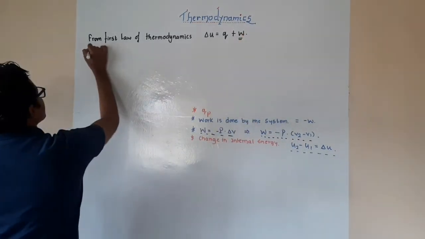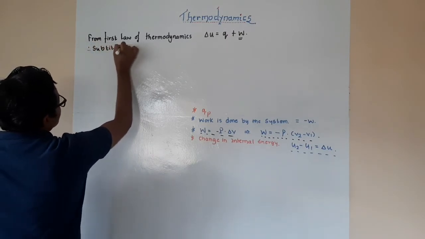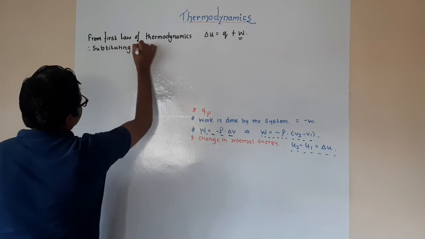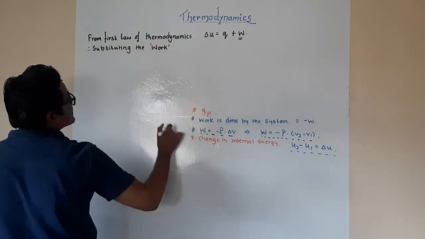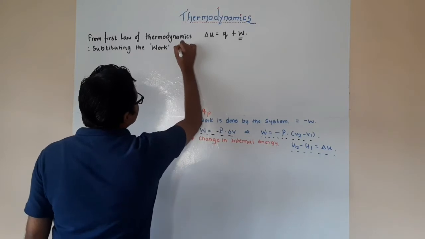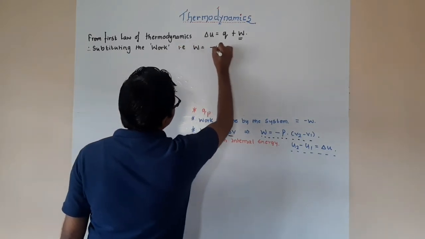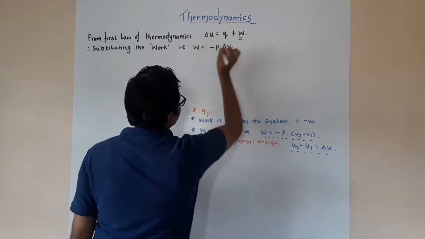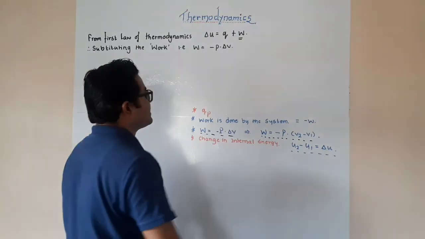So, substituting the work: work is equal to minus P into delta V, correct? As the work is done by the system, we have a negative sign.